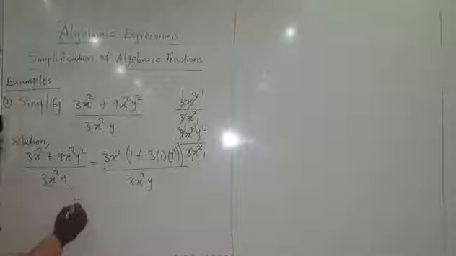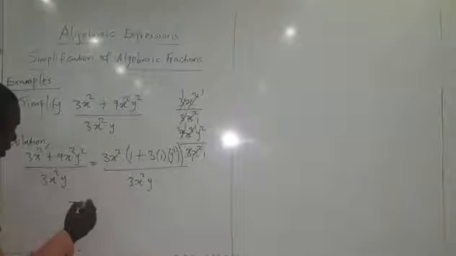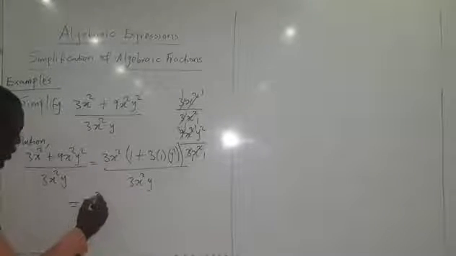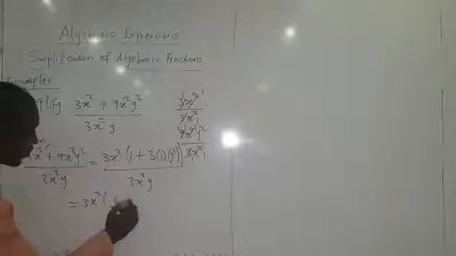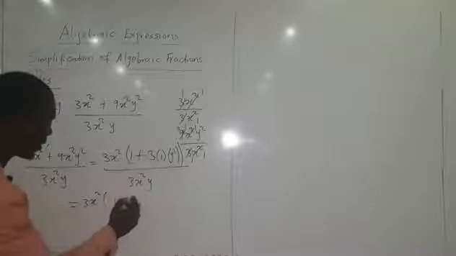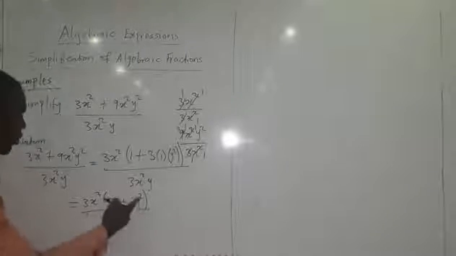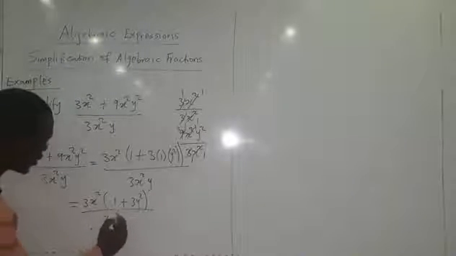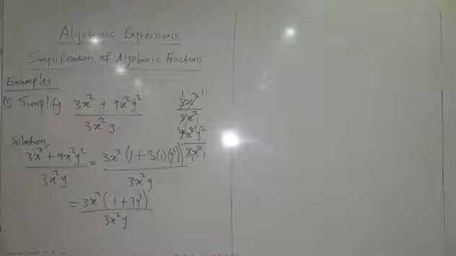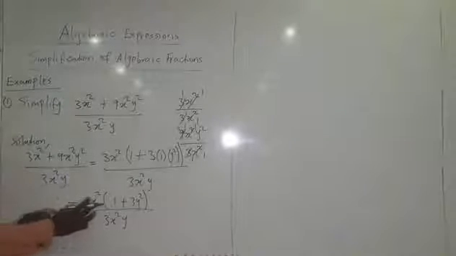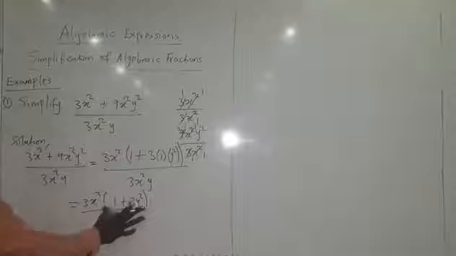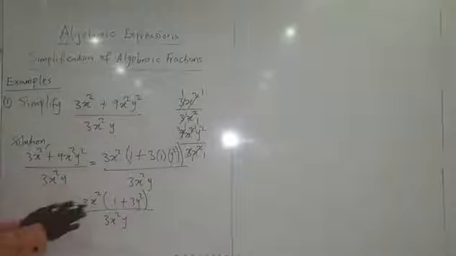The next thing to do is to simplify further. That's 3x squared into 1 plus 3 times 1 times y squared, that is 3y squared, you close the bracket, then all over 3x squared y. If you look at 3x squared and the bracket, they join with multiplication, so we are allowed to cut.